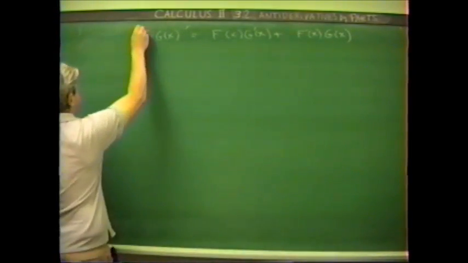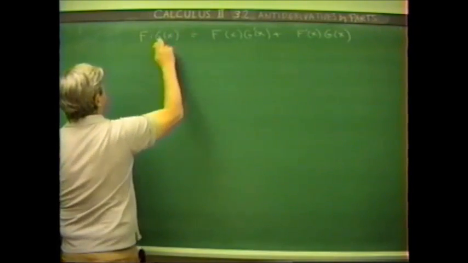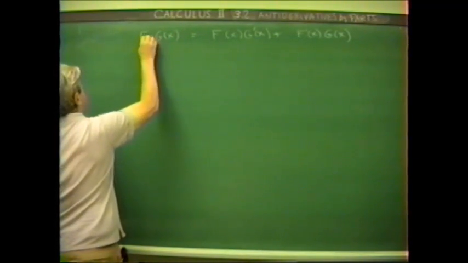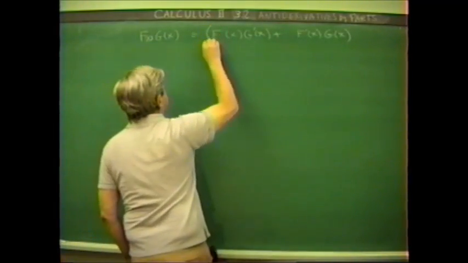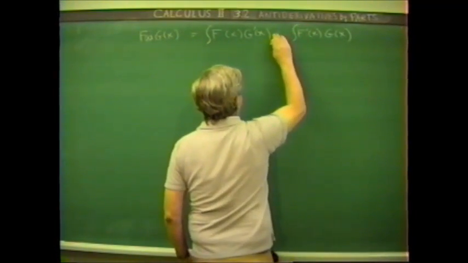So the antiderivative of this, which ought to give us f times g again, you want f of x times g of x, should be this antiderivative plus this antiderivative with respect to x.